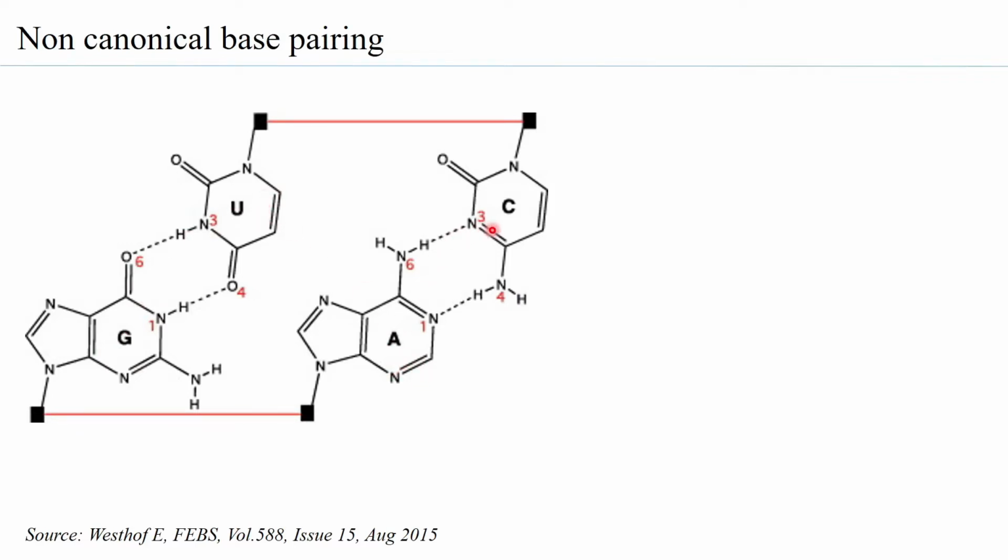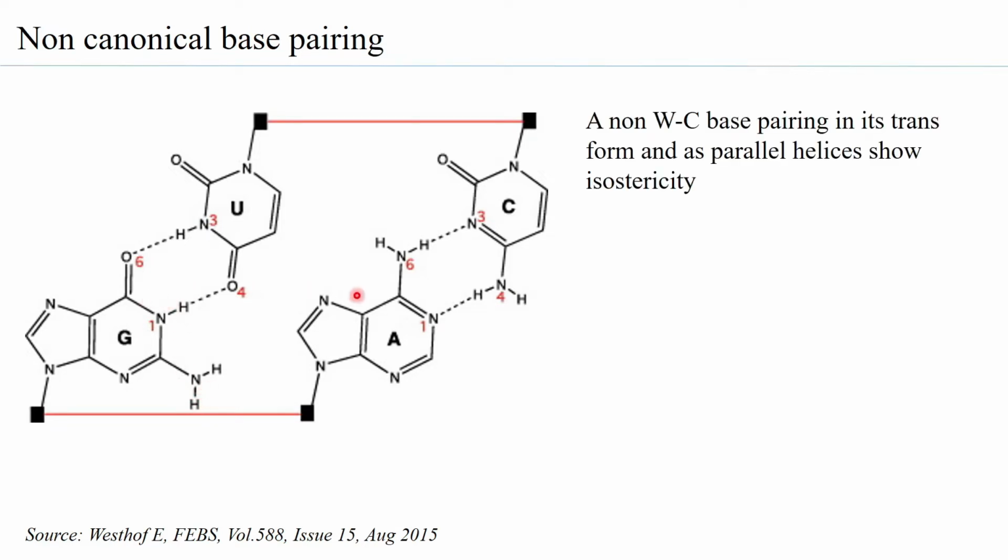You have the AC, again this is non-canonical, but when both these base pairs are in the trans form, then the distance between the C1 positions of the two sugars is equivalent or similar, comprising 10.5 angstroms. So when you have something like this, you can understand that even a non-Watson and Crick base pair is able to show isostericity.